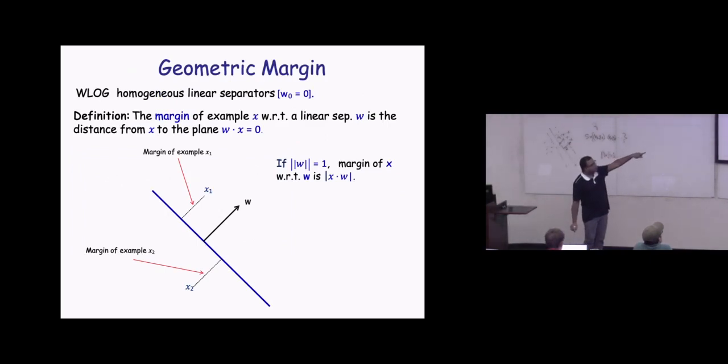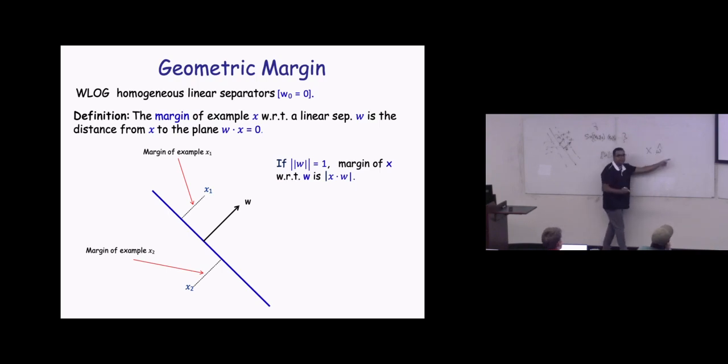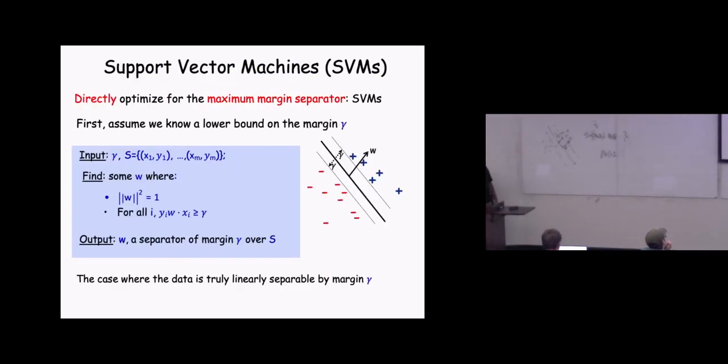So x dot W, here the definition of margin comes from the fact that W is a unit vector, and you are taking x dot W, which is a unit vector in the direction of W. So by definition of margin, W is a unit vector. Okay? So you want to find a plane W that is a unit vector.